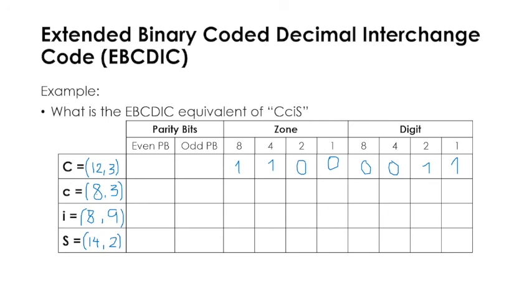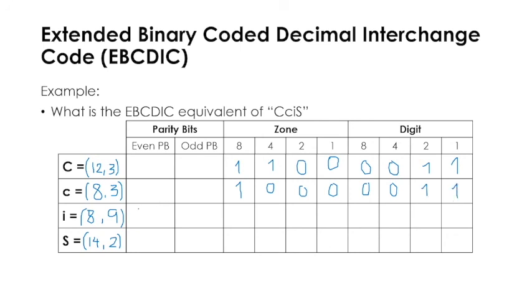For the small letter C, the zone is 8, so we will have 1, 0, 0, 0. And for the digit, it is also 3, so we will also have 0, 0, 1, 1.